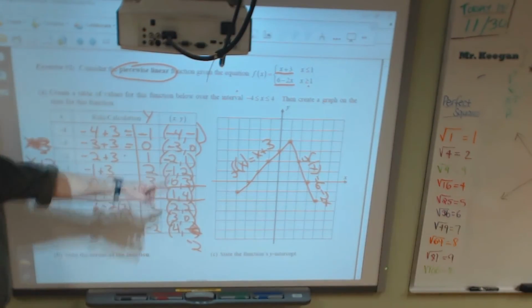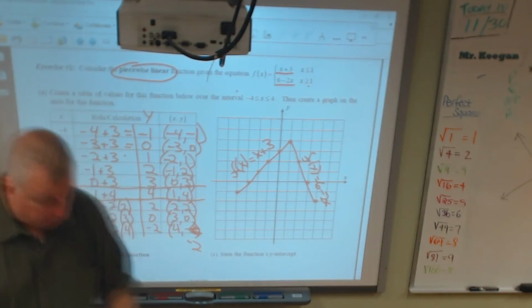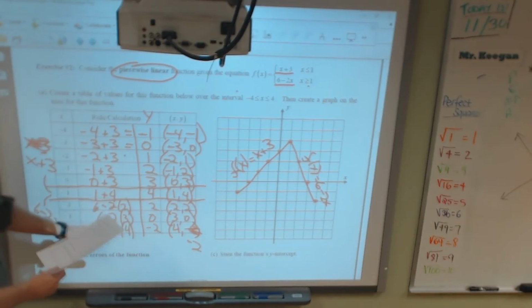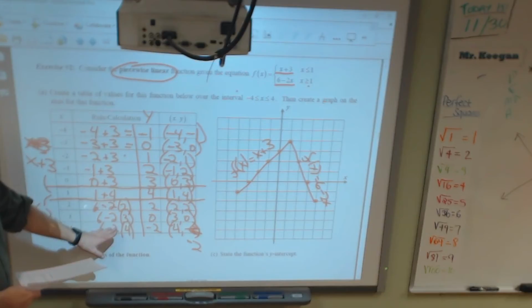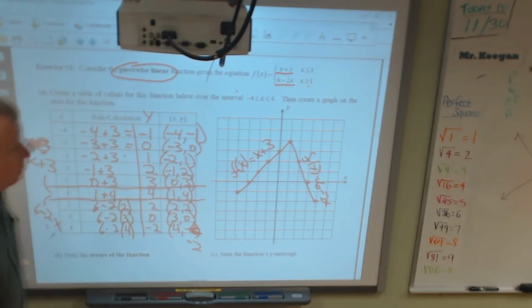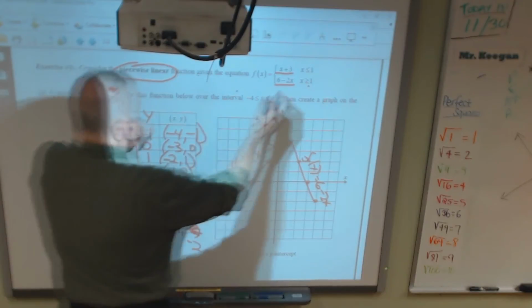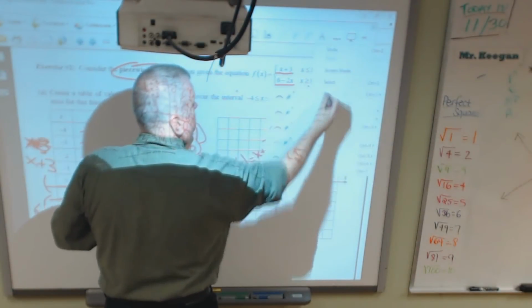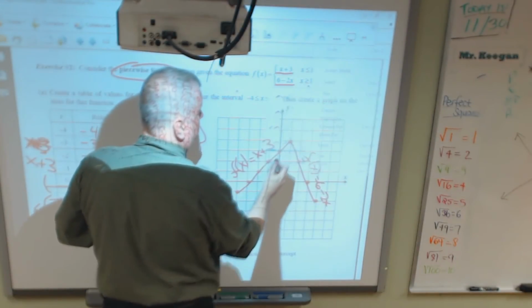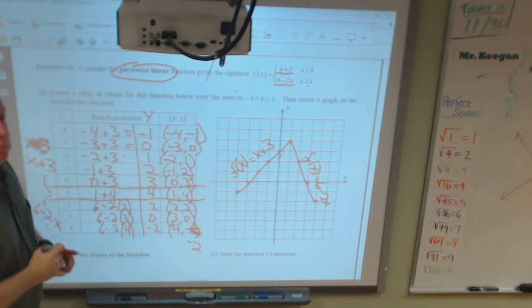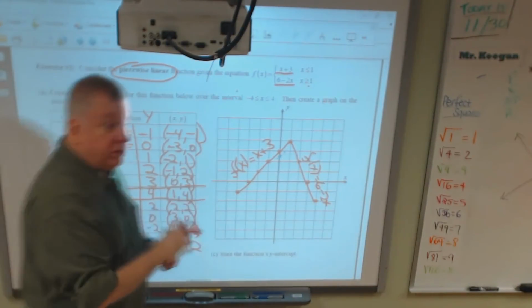All right, well, we got a couple things to answer here on the bottom, though, right? State the zeros of this function. Remember, we just learned what the zeros are. What are they looking for? Where what's equal to 0? X and Y. One of them, not both.